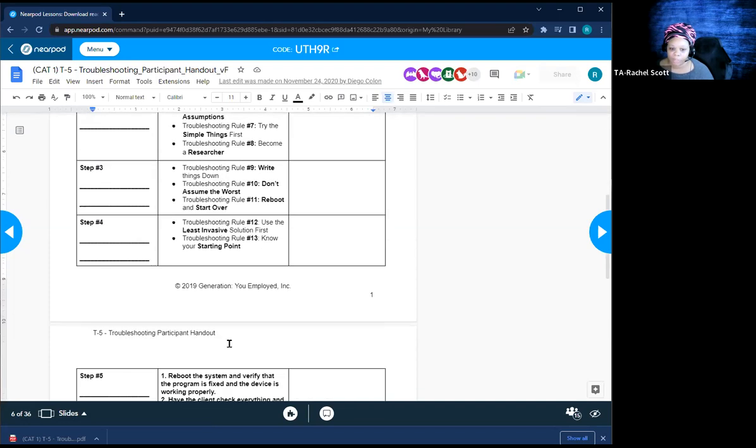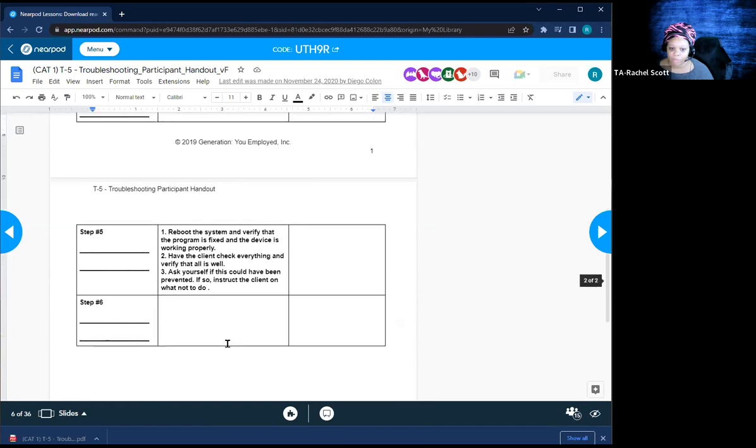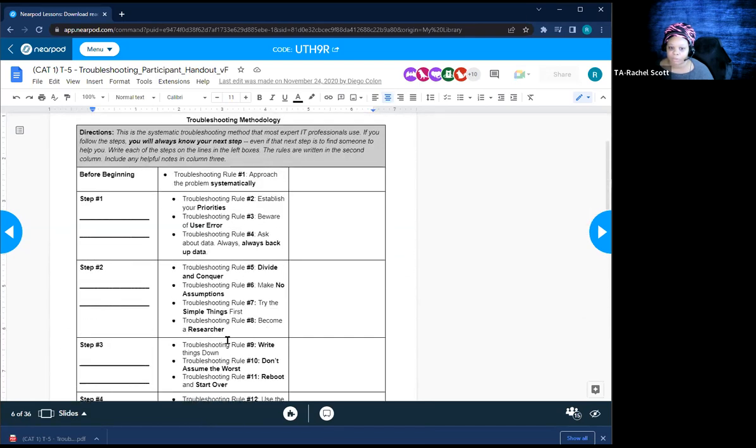It's a good reference for the test as well, and it gives you the methodology for troubleshooting. So make sure you get a copy of that, okay? And it should also be available in the student paste.